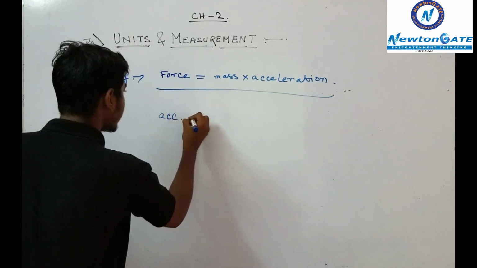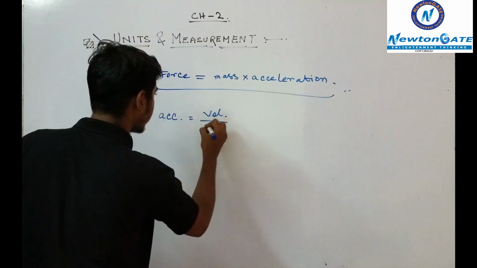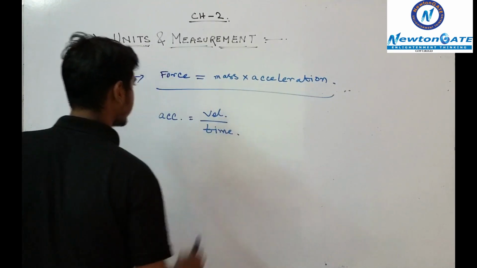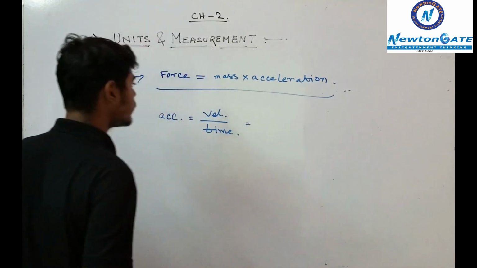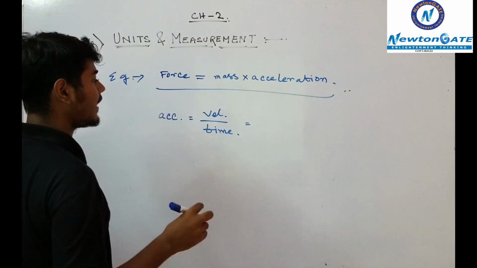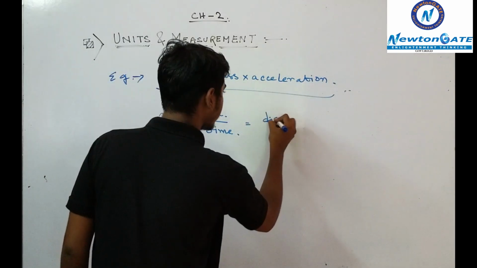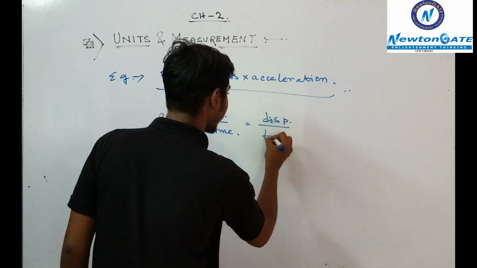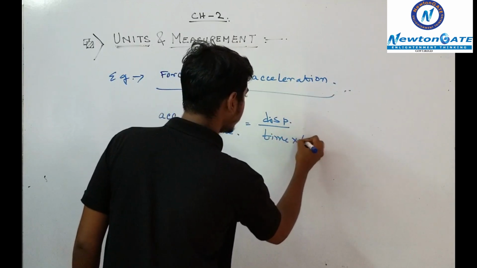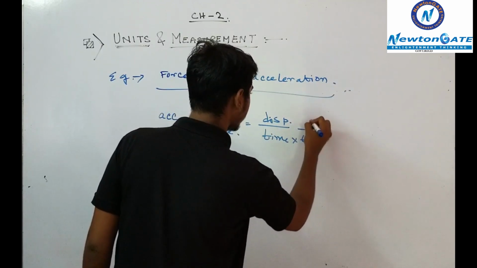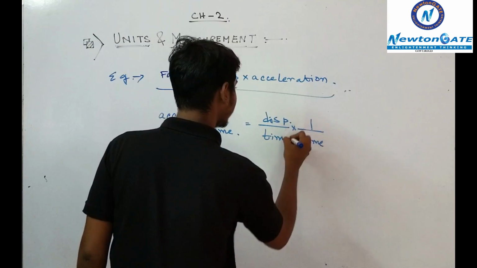Now acceleration is equal to velocity by time, and velocity is equal to displacement by time. So displacement by time into another time, we can write it like this also.